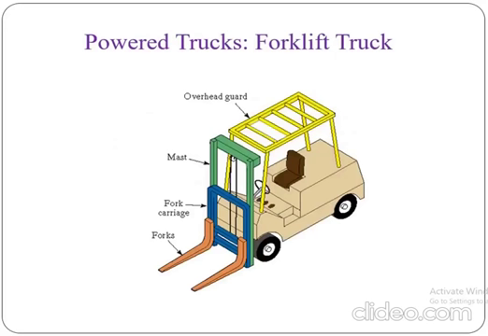Then power trucks, which may be a forklift truck. Again, it is a motorized or power type of system used for handling material from one place to another. You might have seen this type of power truck in industry. It has forks, a fork carriage, mast and overhead guard. It requires a driver to drive that particular lift.